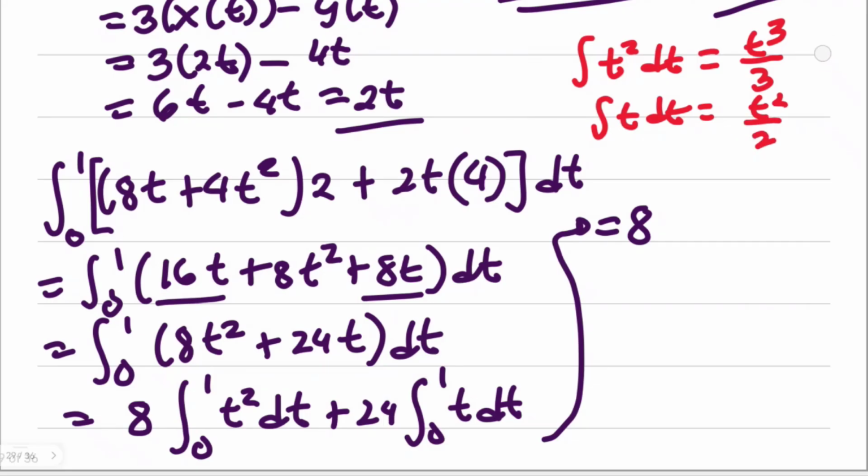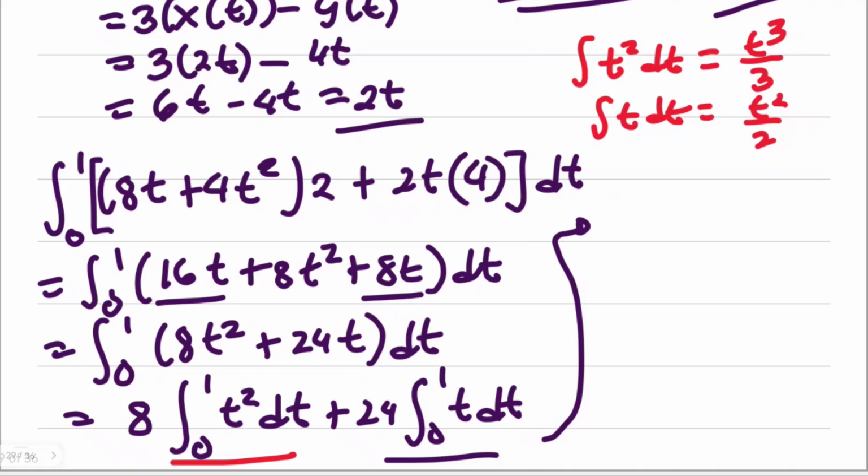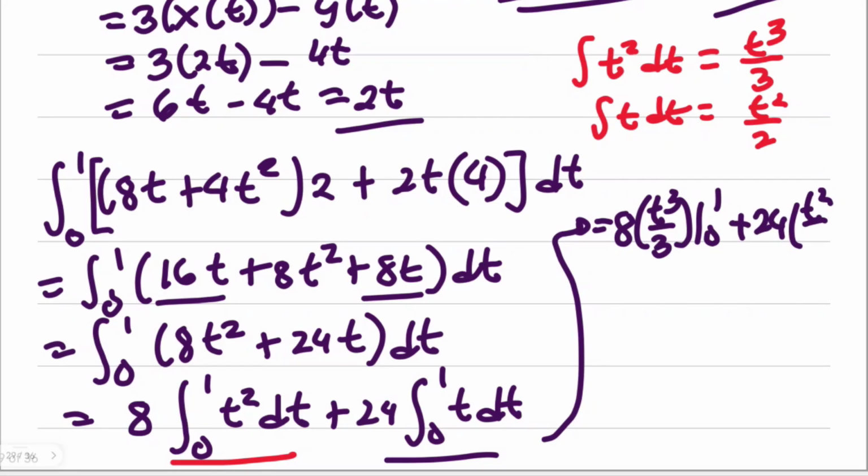That would mean for your first, you will have the expression times t cubed over 3 from 0 to 1 plus 24, and this one here, you have t squared over 2. Again, my space is not enough. Let me rewrite this entirely. So we have here 8 times t cubed over 3 from 0 to 1 plus 24 t squared over 2 from 0 to 1.